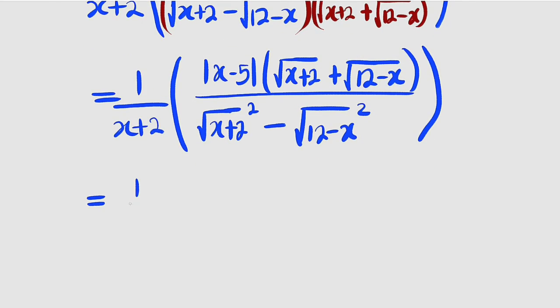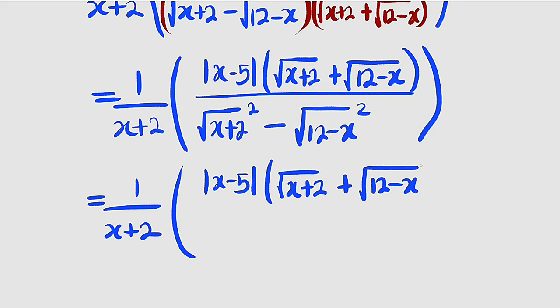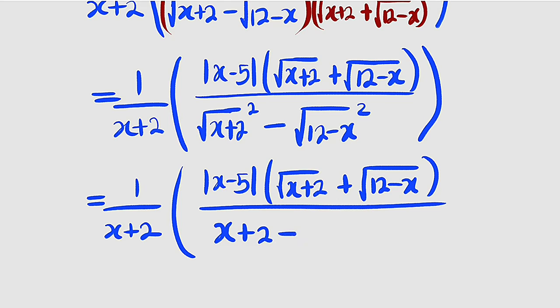This is equal to 1 divided by x plus 2 multiplied by the top, and to the bottom, if you square this, it will cancel the square root, leaving only x plus 2 minus. If you square this, it will cancel the square root, but this minus is going to distribute over the 2 terms.